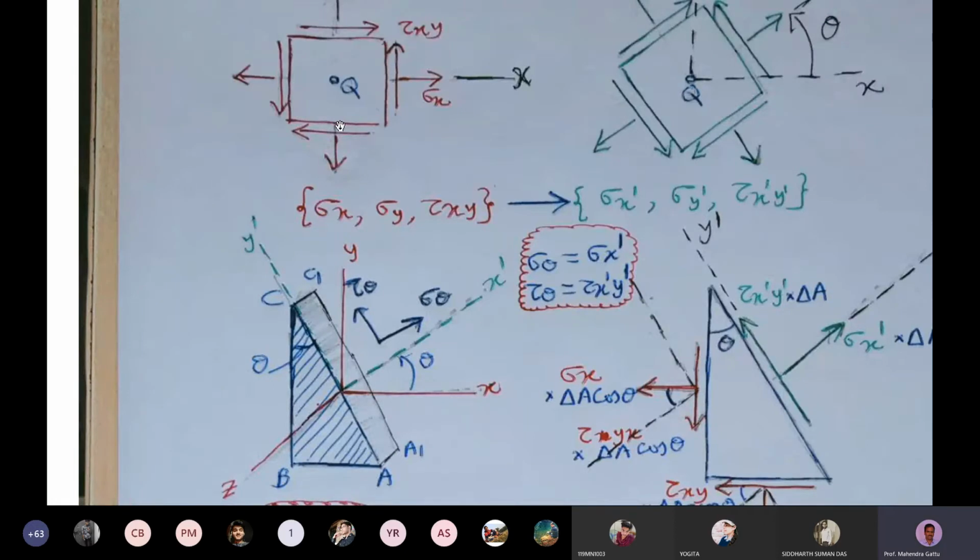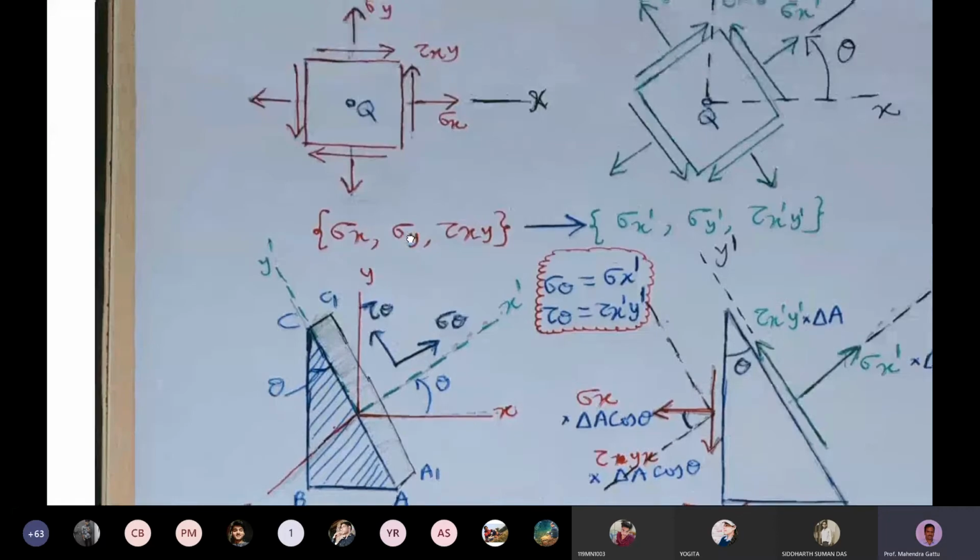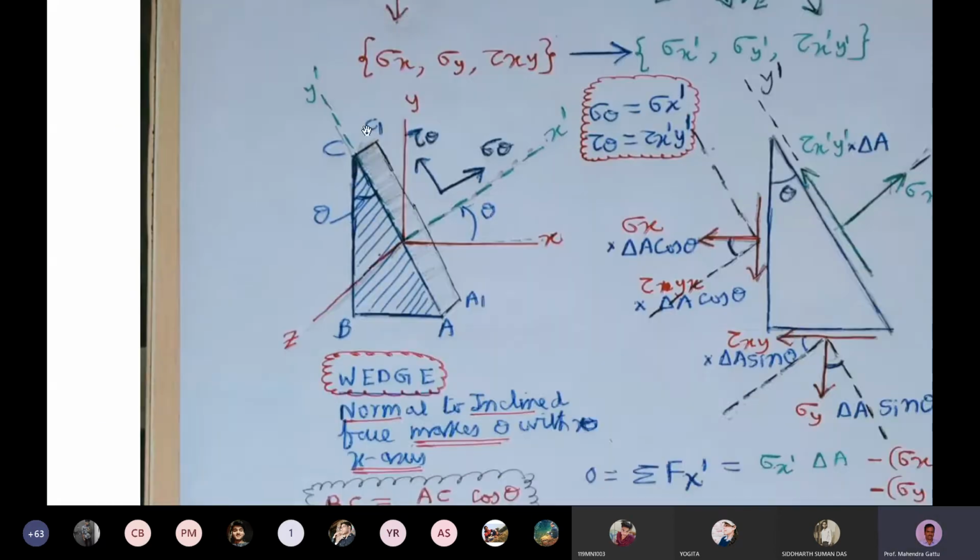So on the horizontal plane we have sigma y and tau yx. Those are the stresses acting on the horizontal plane. And on the vertical plane, which corresponds to this plane, we have sigma x and tau xy. Those are the stresses acting on this vertical plane.